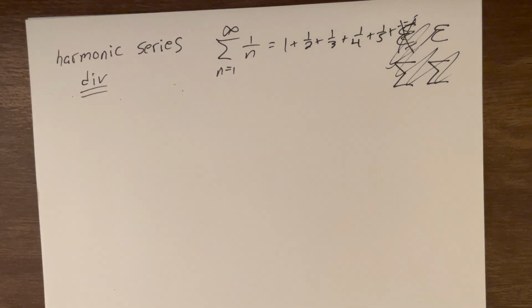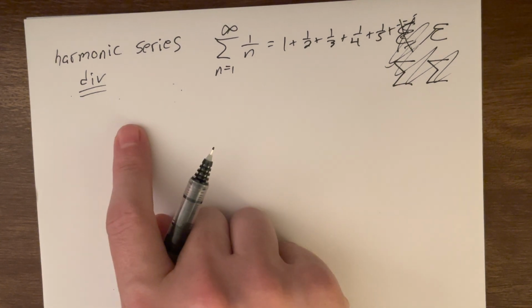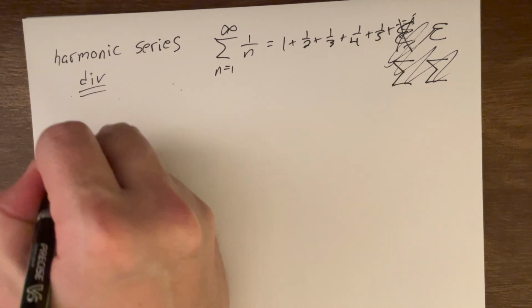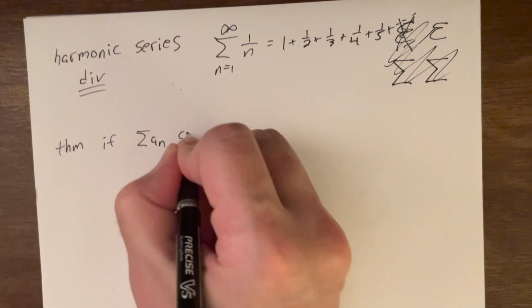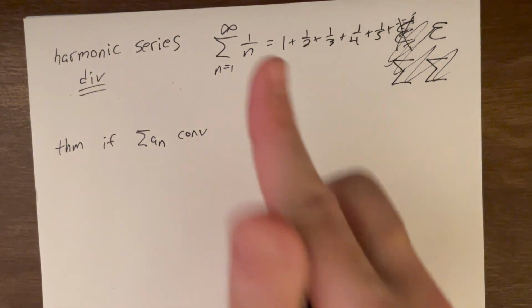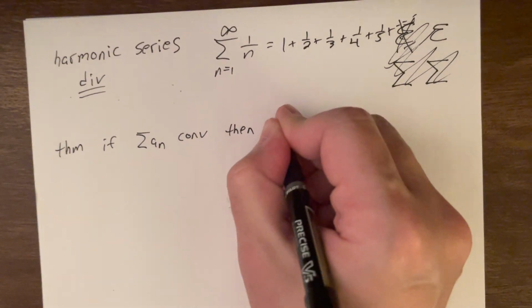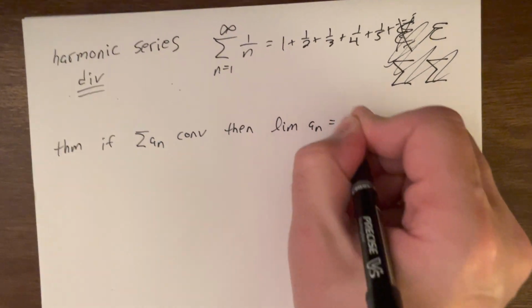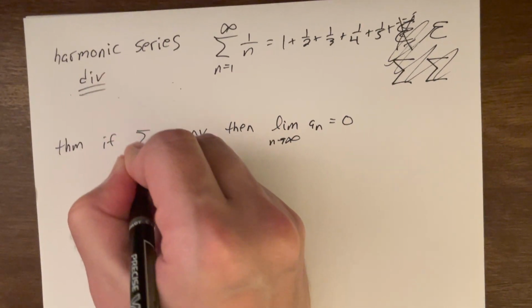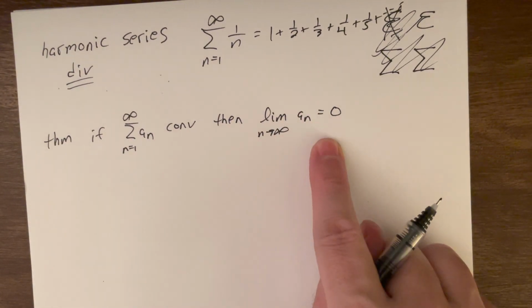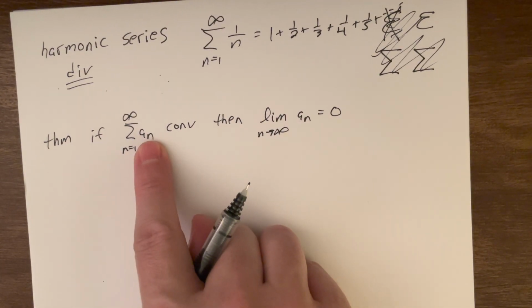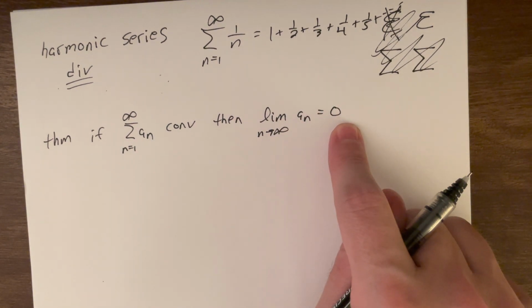But just because the terms themselves are small, that's not enough to guarantee that things are going to add up nicely. And that leads us right to our next result. We have a theorem that tells us if the series converges, it is an absolute guarantee that the underlying sequence has to go to 0.